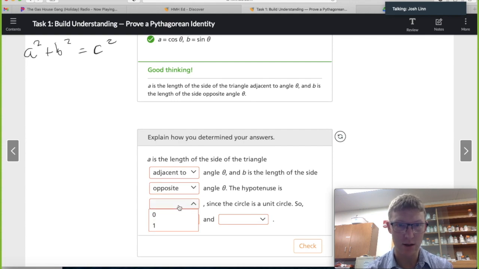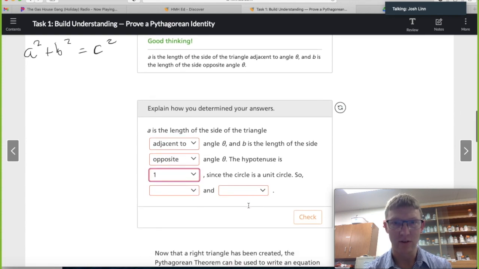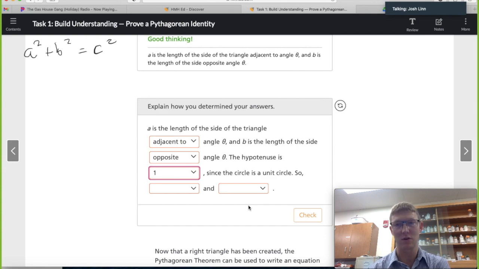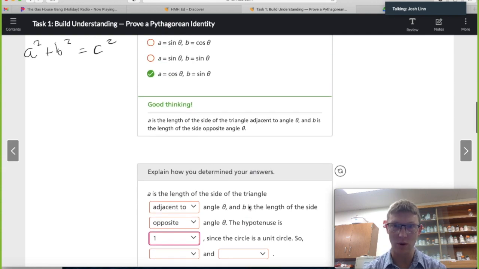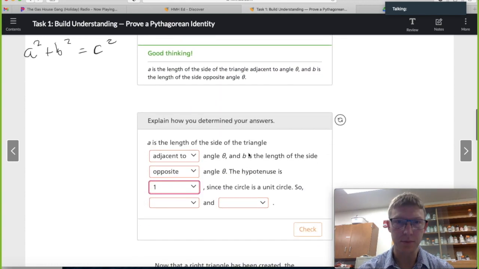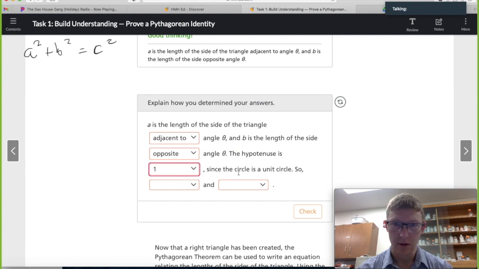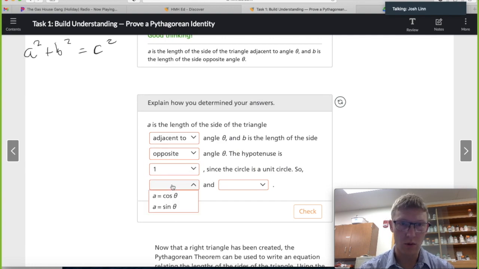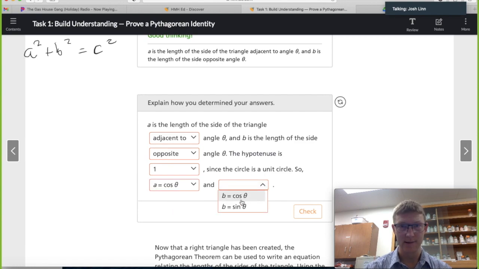These fill in the blanks are so weird sometimes. The hypotenuse is 1, since the circle is a unit circle. Remember, a unit circle has a radius of 1. Our radius is right there. So A is cosine of theta, and B is sine of theta.